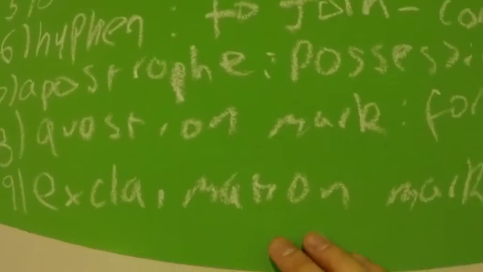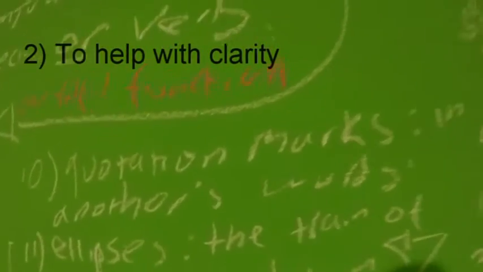The exclamation mark helps emphasize the inherent emotion in your sentence. And things like your apostrophes help with navigating things like your contractions, right? Imagine if you said don't without the apostrophe, it would be dont. So that's the second type, the second function of your punctuation devices. They help with clarity in written speech.